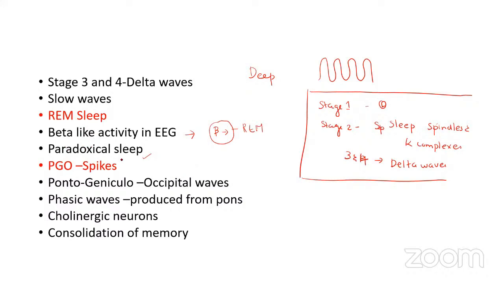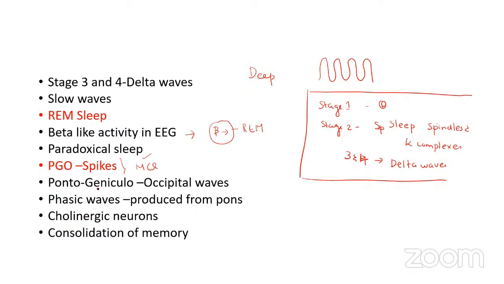This is another important point, another important MCQ. PGO spikes. PGO stands for ponto-geniculo-occipital waves. These are phasic waves originating from the pons. The name itself shows that it originates from the pons, from cholinergic neurons of the pons. It is important in consolidation of memory.